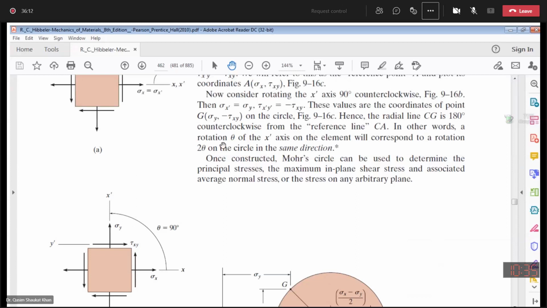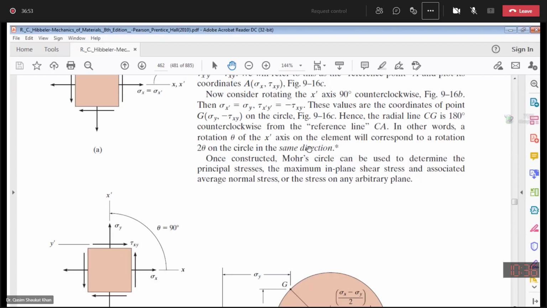In other words, rotation theta of the x dash axis on the element will correspond to a rotation of 2 theta on the Mohr circle in the same direction. We will discuss this in a short while, and this will also give you the answer to your question why we are taking shear stress positive downwards and negative upwards.